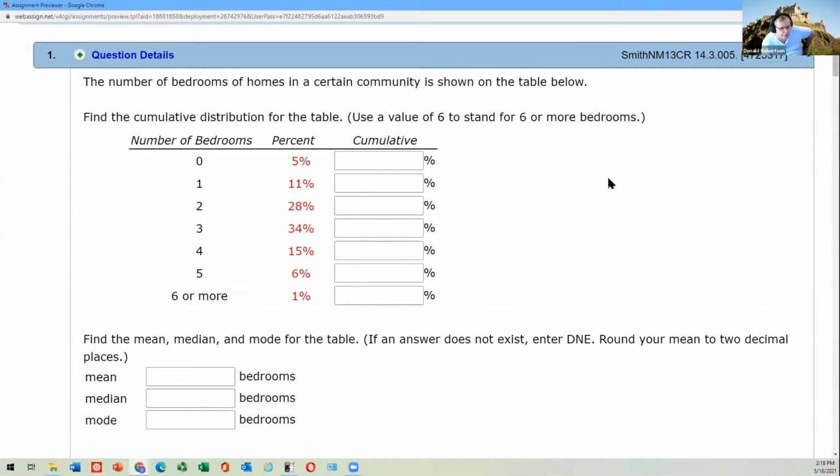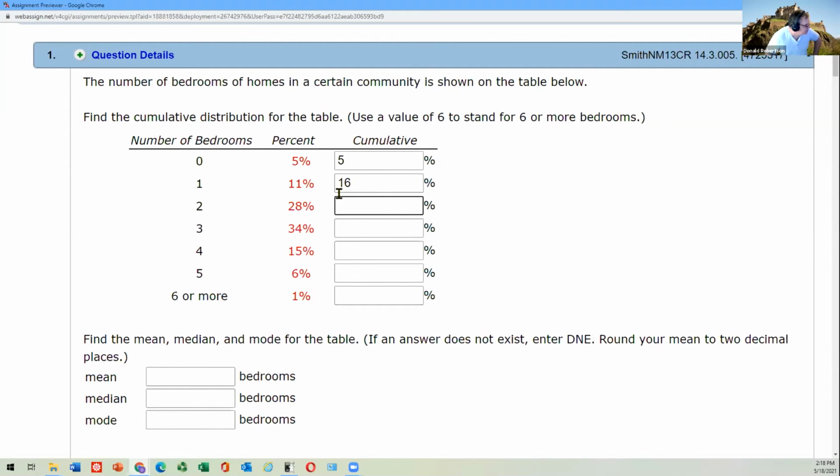A studio's not really got bedrooms. Your bedroom and your living room is the same room. Some of you might live that way, because I was poor once. I was a student. I was poor before I was a student. Anyway, 5%. You notice they do the percentage for you, so that makes life easy.